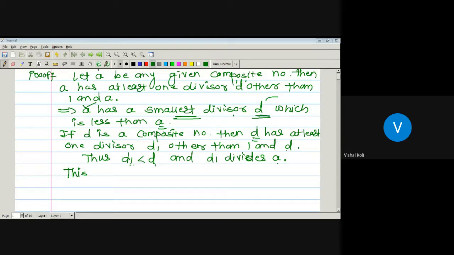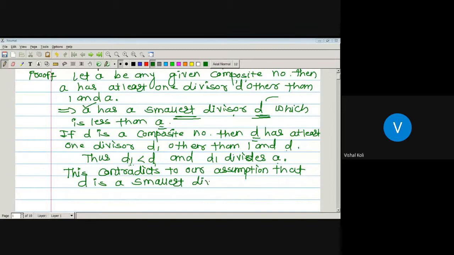This contradicts our assumption that d is the smallest divisor of a.